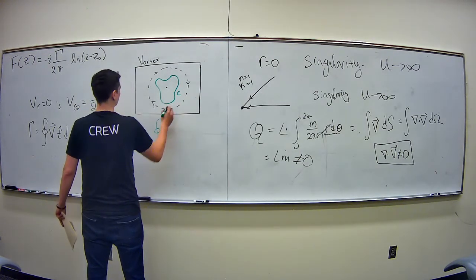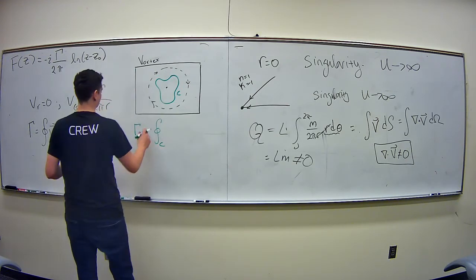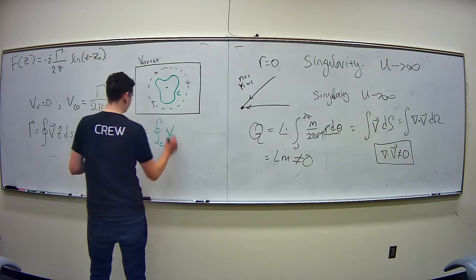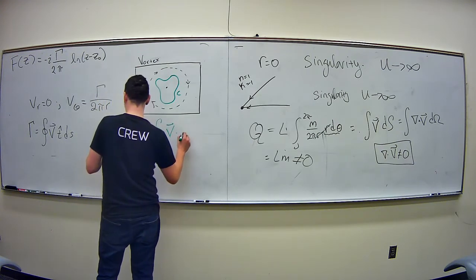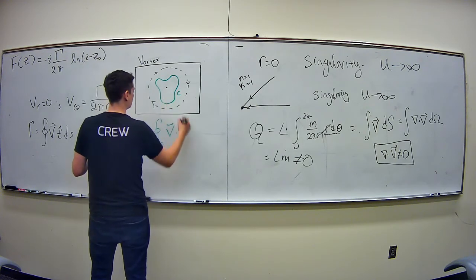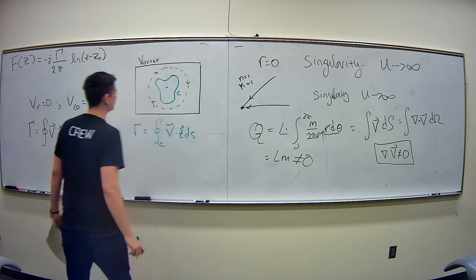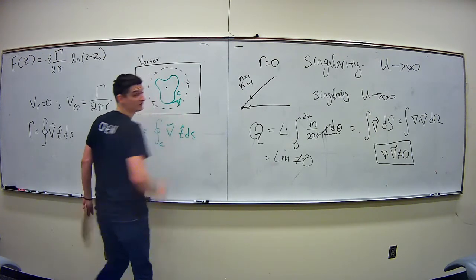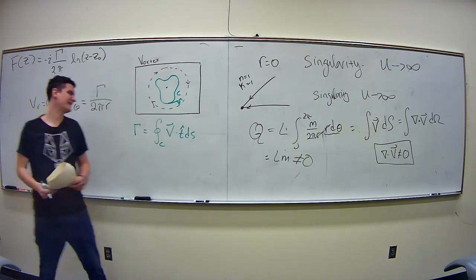Any closed curve integral where I calculate the integral around this curve of some velocity field, dotted with the tangent vector to this curve, times a little bit of space. So again, at every one of these curves, here is my tangent vector. You define this integral you're doing.